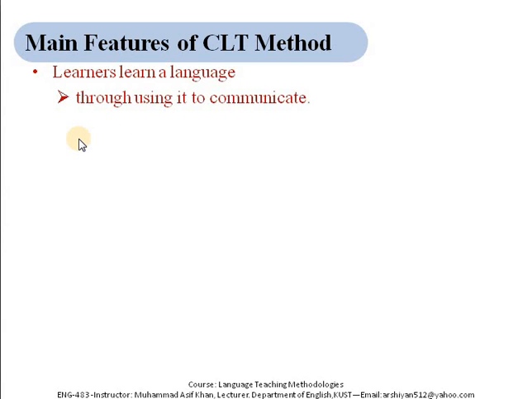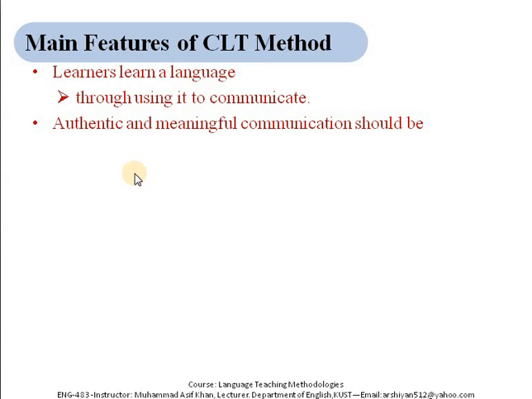The main feature of communicative language teaching is to use language to communicate. So authentic and meaningful communication should be the most important task, and for that reason the goal of class activities is also meaningful and authentic communication.